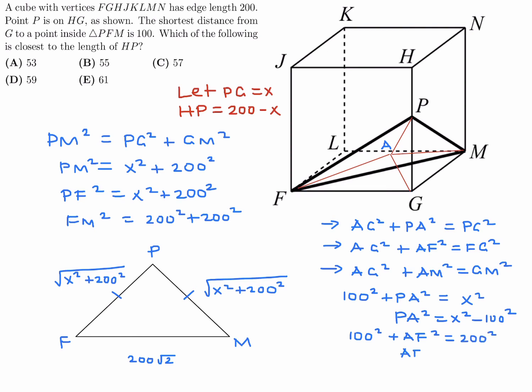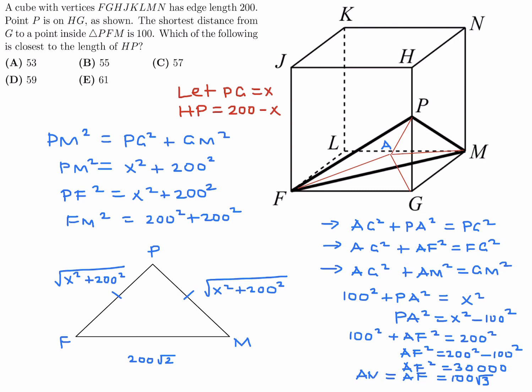So we have AF squared is equal to 200 squared minus 100 squared. So that's 40,000 minus 10,000, so 30,000 for AF squared. And therefore AF is going to be the square root of that, which would be 100 root 3. And very similarly, AM is going to be the exact same thing. It's the exact same math, so I'll just put AM is equal to that as well.